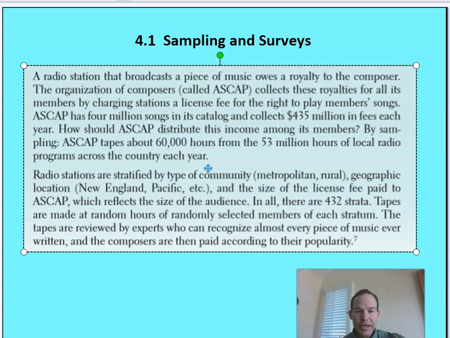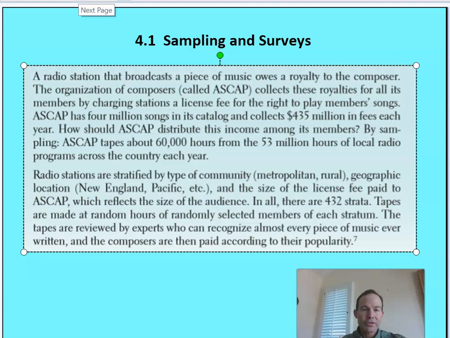ASCAP is trying to distribute this income among its members. So they're going to stratify by community, metropolitan and rural, geographic location, and then the size of the license fee paid, and then distribute from there. This is a way to stratify to make sure that you're representing each of the different communities appropriately.